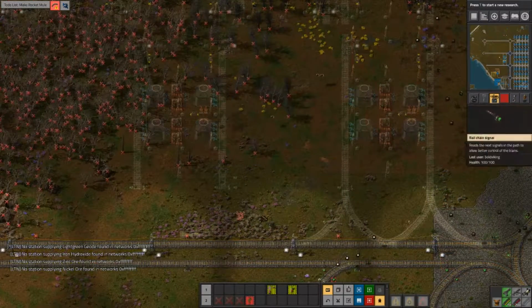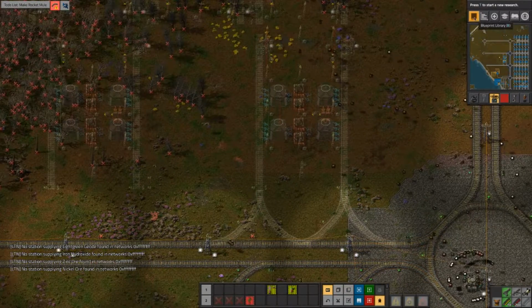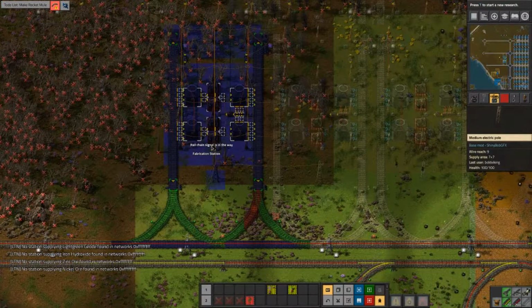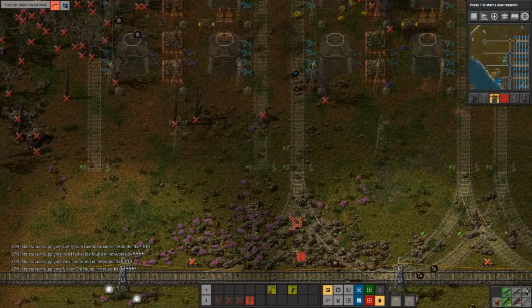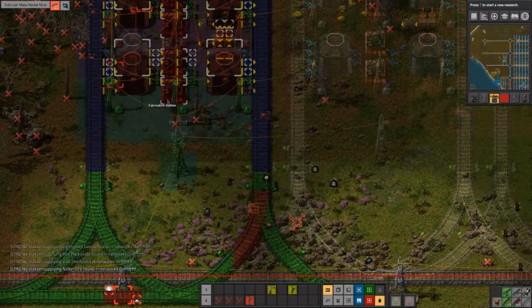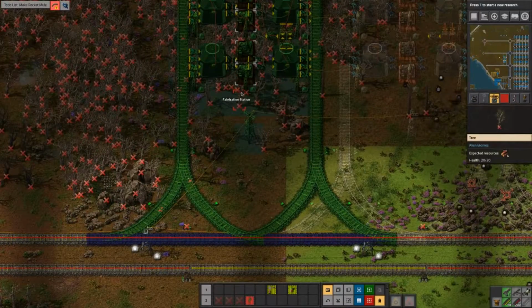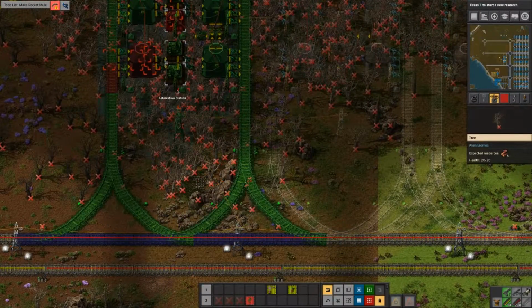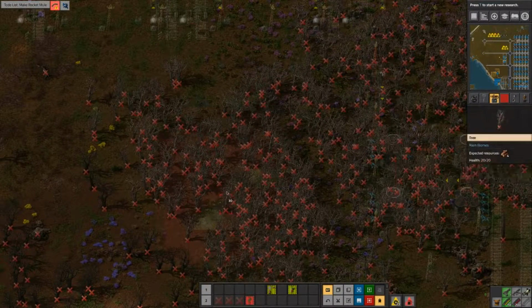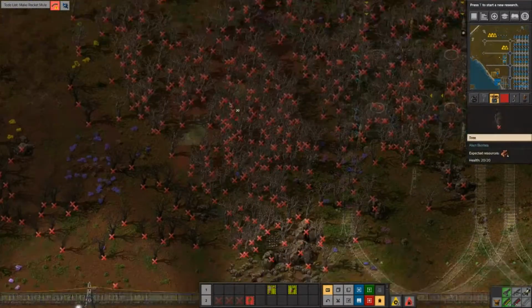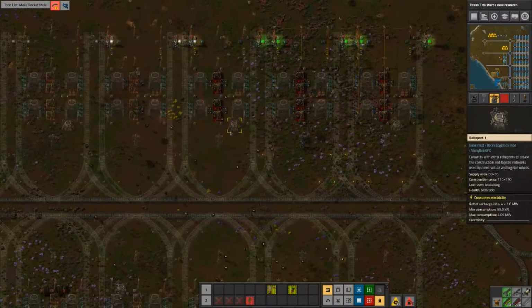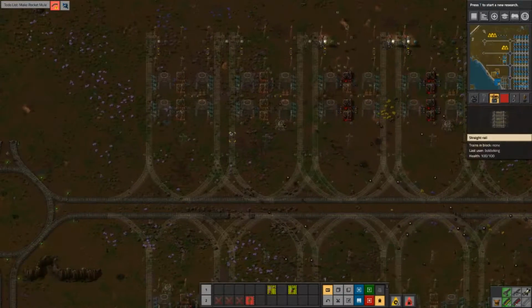Curved ghost rails in the way. Yep, down here. Chain signal in the way. Where? Can't build on shallow water. Good. Do it, robots, do it.